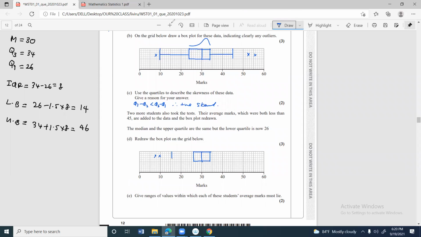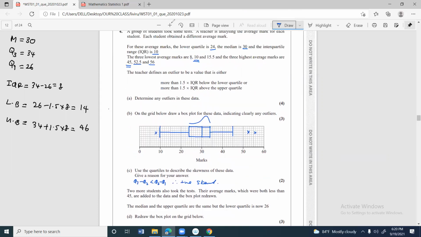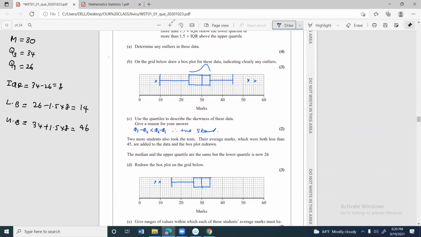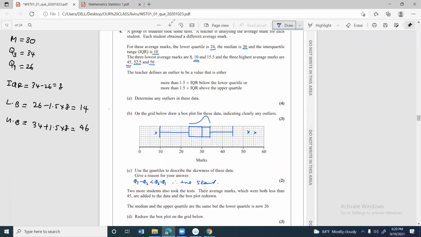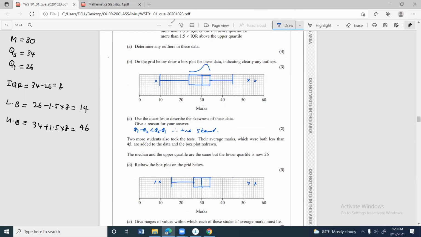Then the highest value within the upper bound is 46, therefore 52.5 and 56 are outliers. It doesn't make a difference, because it should not have any effect on the final answer. So that is the answer for this question.